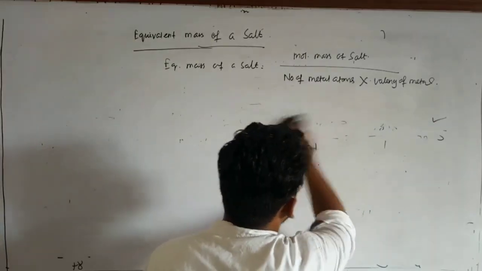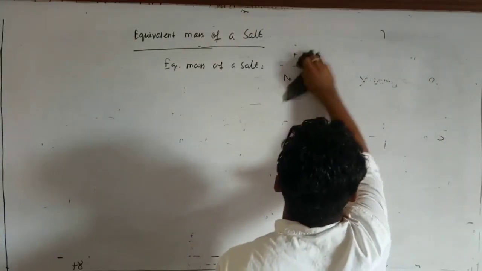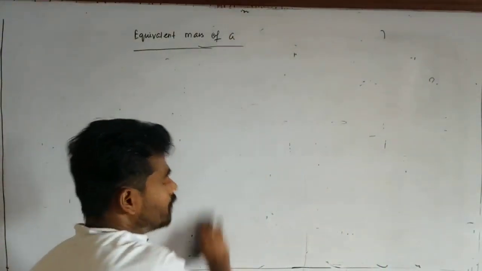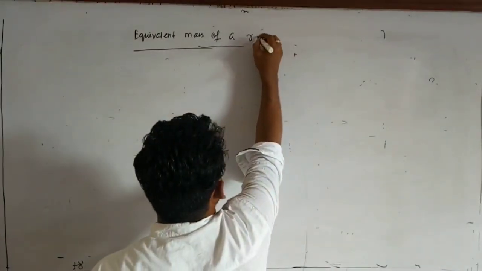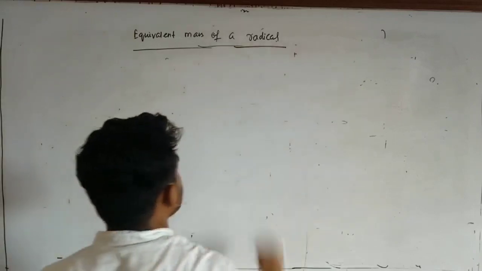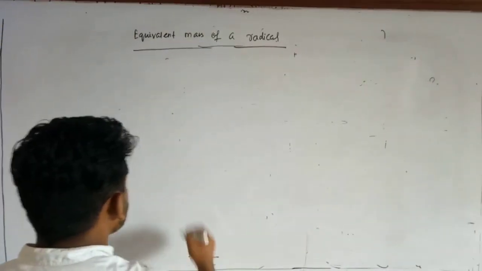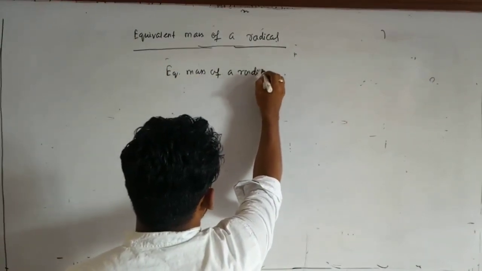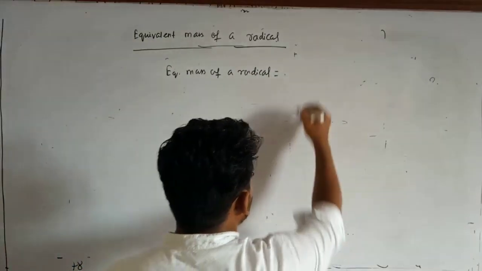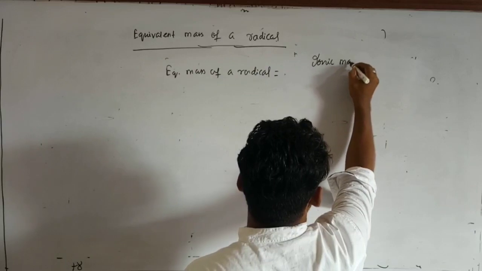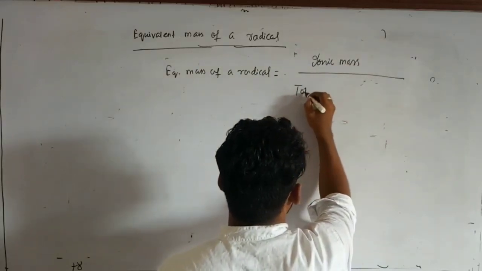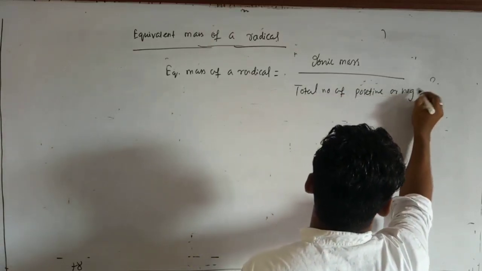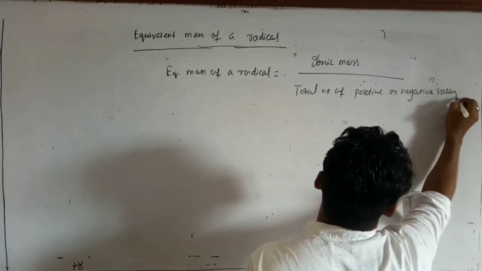Equivalent mass of a radical is equal to ionic mass divided by total number of positive or negative charge.